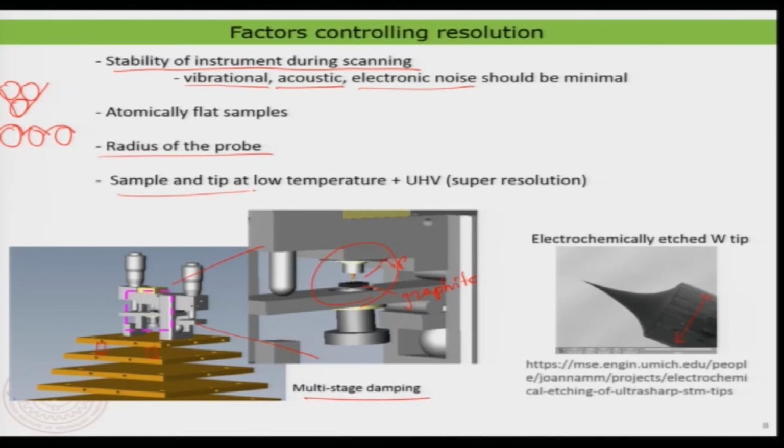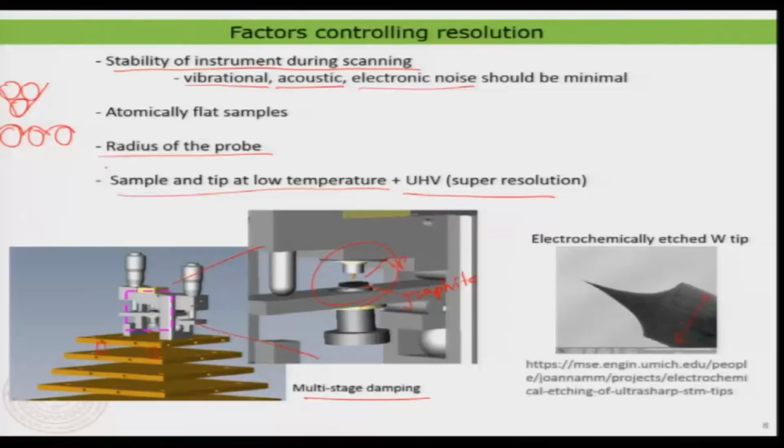Then having the sample and tip at low temperature is not an absolute requirement, but if you can have the sample and tip at low temperature inside an ultra high vacuum chamber, then you can get super resolution. That means you can see sometimes not just that a molecule is sitting on the surface, but what is inside the molecule, even the atoms inside the molecules.